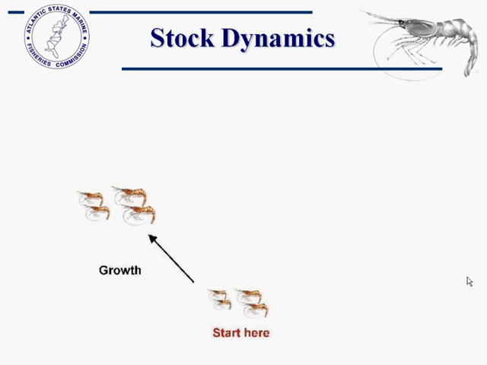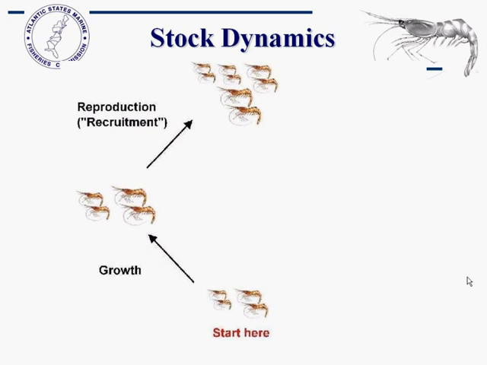One thing is that you hope they will grow during the year, so I've made these shrimp a little bit bigger. Another thing that can cause the stock to increase is that new shrimp will be born and added to the stock during the year, and we call that recruitment. So I've added some little bitty shrimp to my picture here, and we still have the two big ones and the medium.